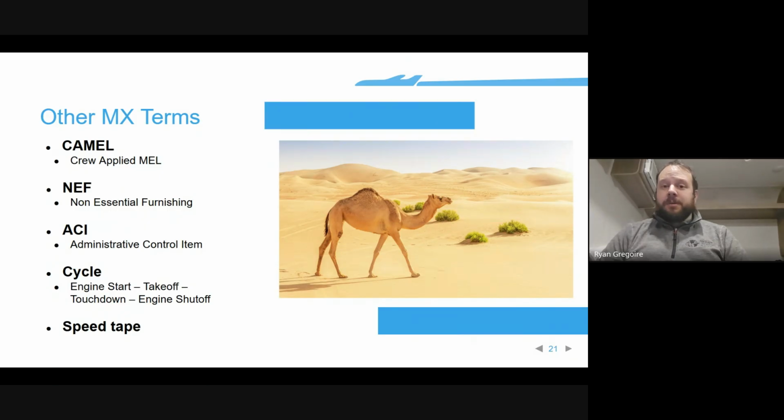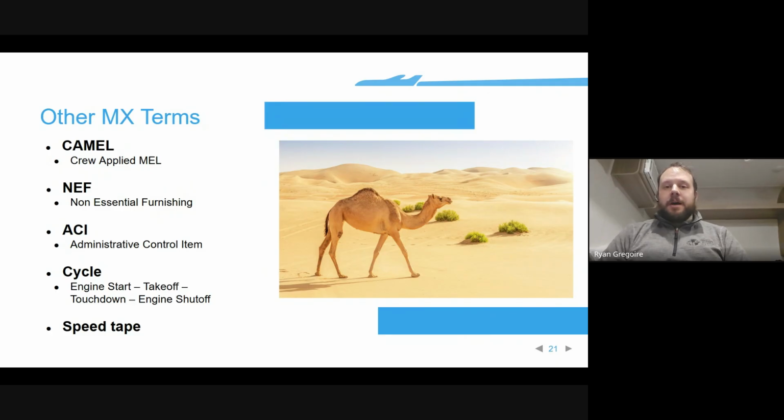There might be some sort of deviation that's put in on the back end of its performance calculations or something like that that you will never see as a dispatcher. It won't be on the flight release. It won't be something that's visible to you on a day-to-day dispatch basis. It's just going to be something on the aircraft that is being tracked, but doesn't affect the dispatchability of the aircraft.